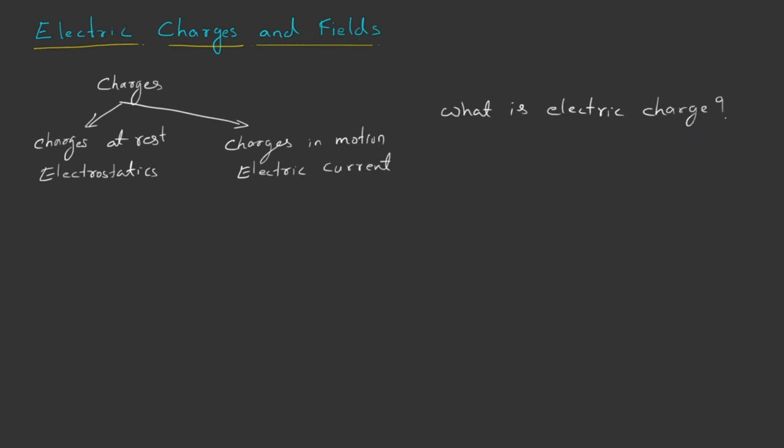The discussions about charge were there from 600 BC onwards. The word electricity is coined from the Greek word electron, which means amber. Greeks knew that when amber is rubbed with wool, it gets a property to attract small pieces of paper.